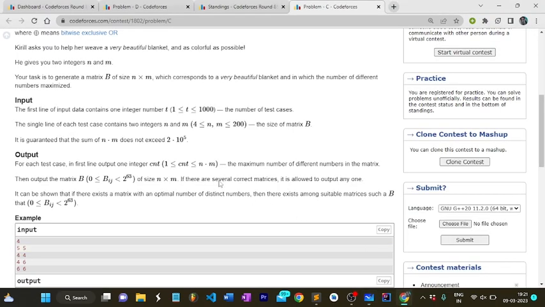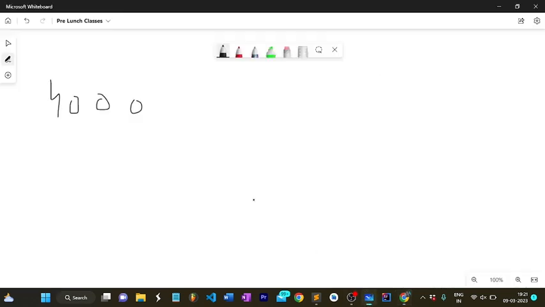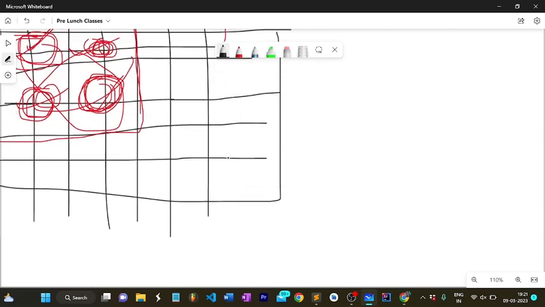And one more thing that is mentioned in the problem is you have to maximize the number of different numbers. What does it mean? Suppose I am placing here 1 2 3 and 4. So how many different numbers have I placed here? That is 4. And if I place 1 2 3 and 1, then the number of different numbers that I have placed here is 3, since the repeated 1 is counted once.